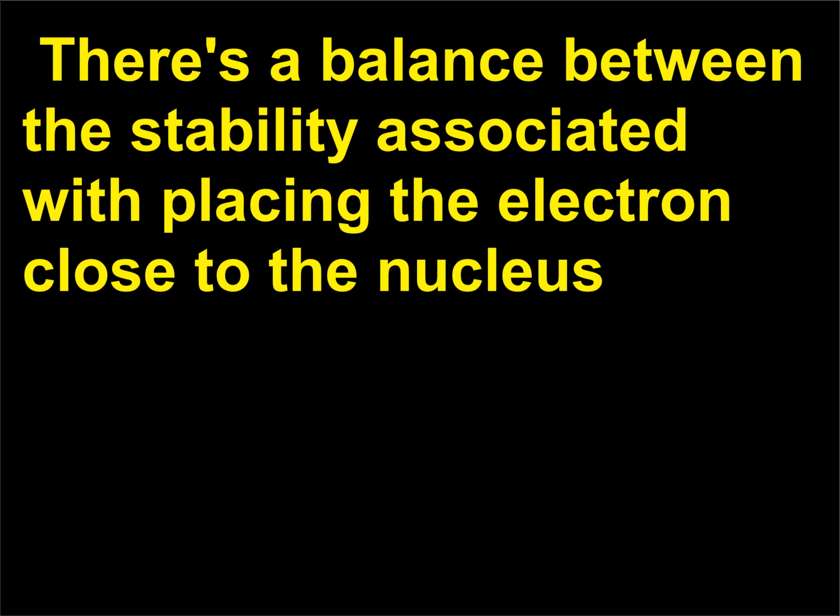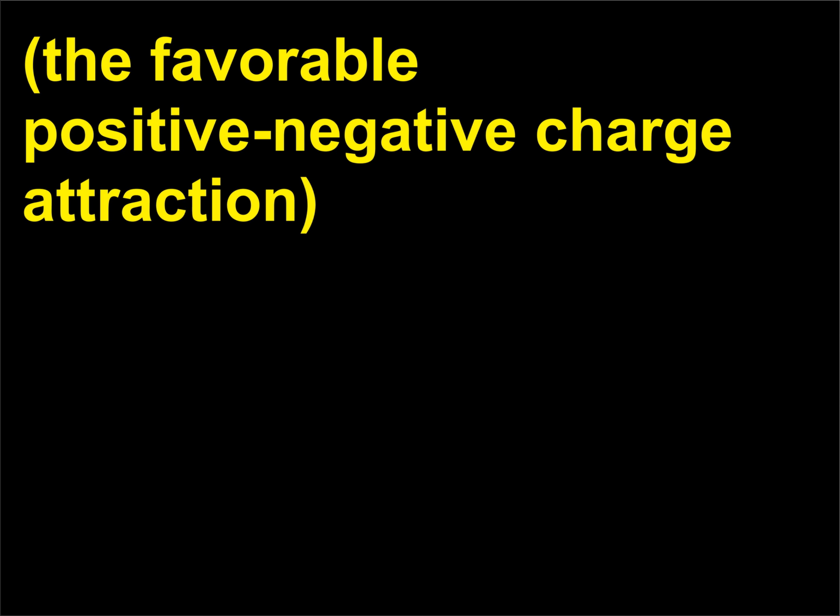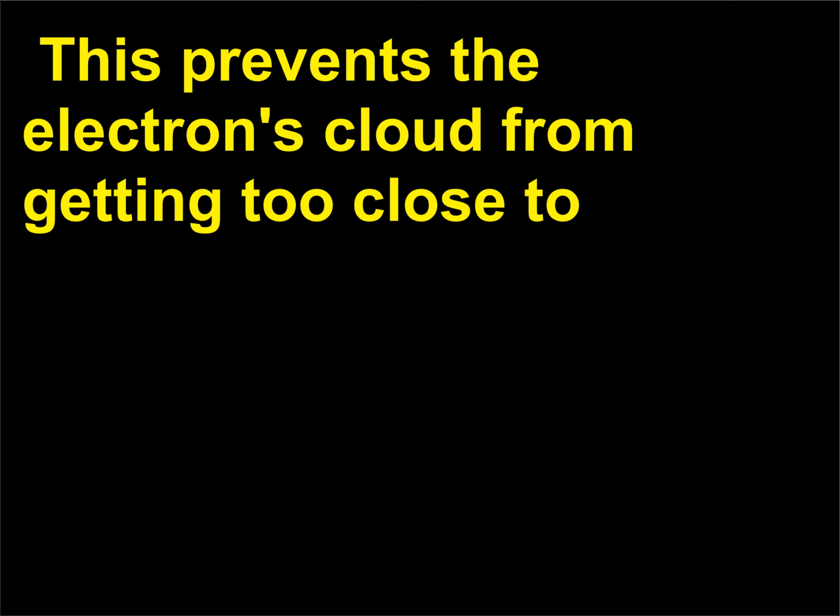There's a balance between the stability associated with placing the electron close to the nucleus, the favorable positive-negative charge attraction, and that associated with spreading out the electron's cloud, to keep its kinetic energy low. This prevents the electron's cloud from getting too close to the nucleus or the electron just crashing into the nucleus.